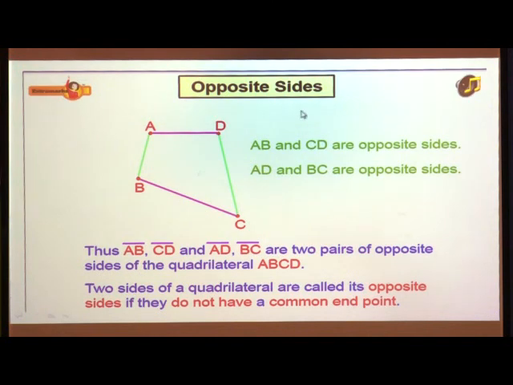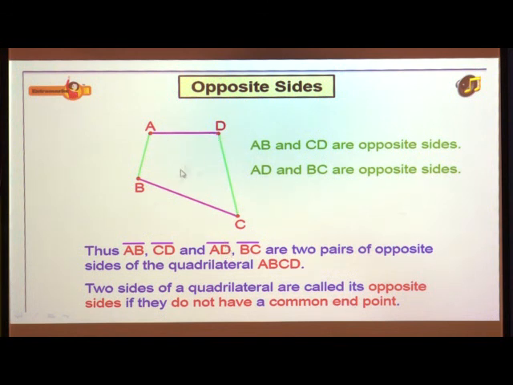Let us see about the opposite sides. Now you can see here AB is opposite to CD, or we can also say CD is opposite to AB. In the same way AD is opposite to BC.